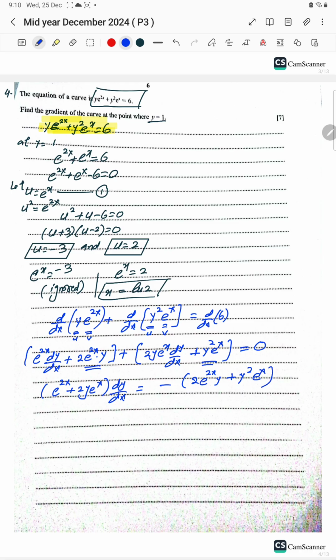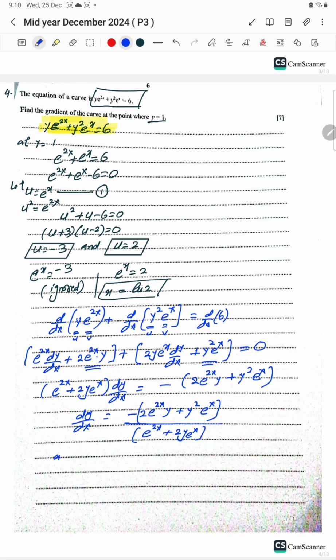I just took the negative common for both terms. So dy by dx equals minus 2 e raised to power 2x y plus y squared e raised to power x, divided by e raised to power 2x plus 2y e raised to power x.